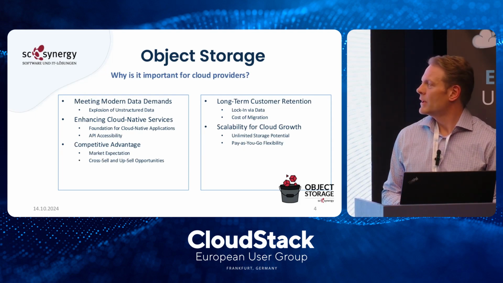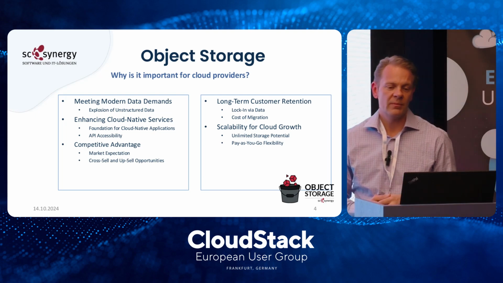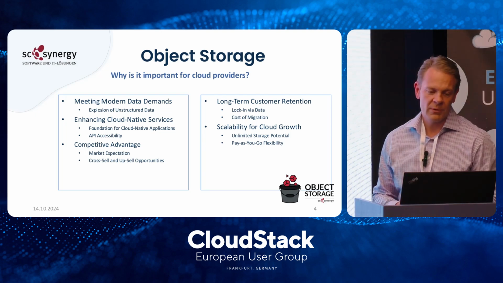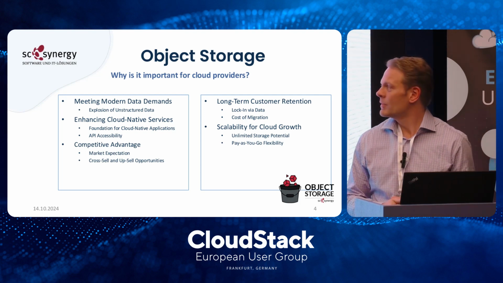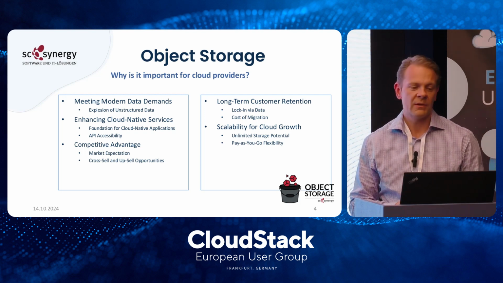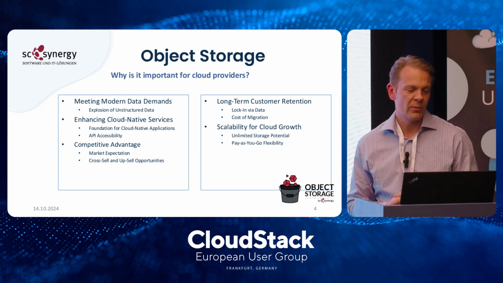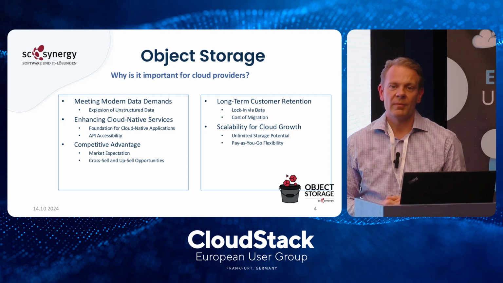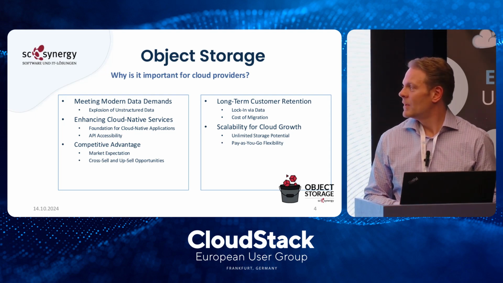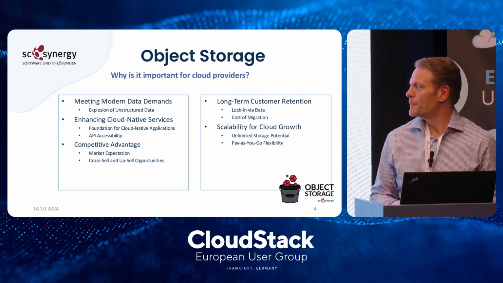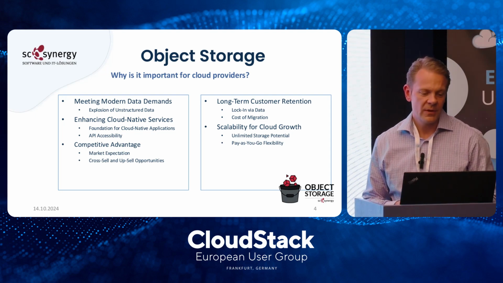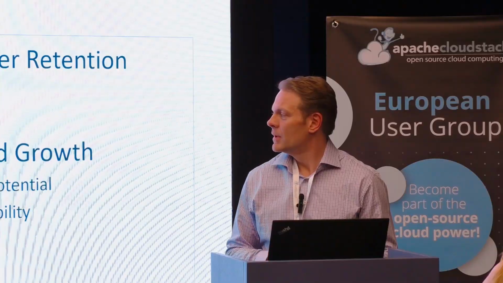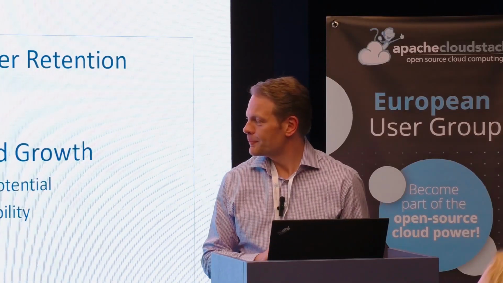What is important for cloud providers, why we are working on this topic, is meeting modern data demands. So data is exploding, unstructured data is getting more and more. There are more cloud native services that really need the API access to the data. Again, the competitive advantages.